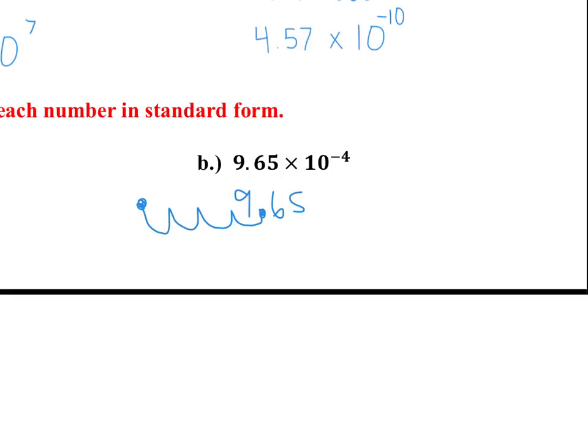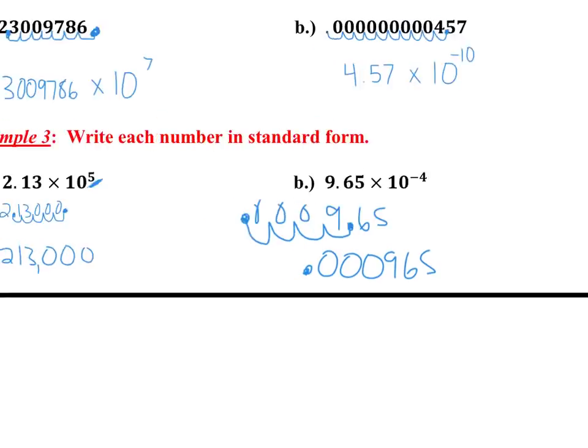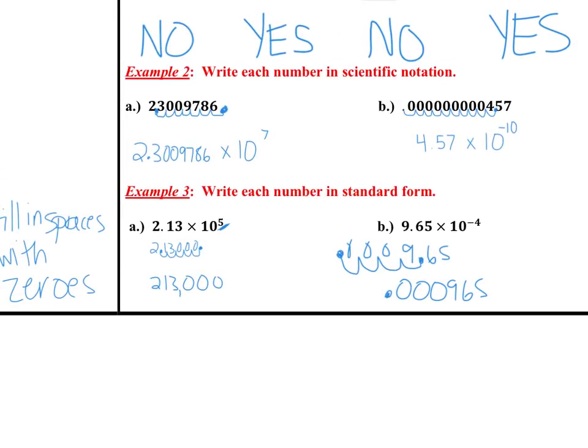Again, one of the swoops is filled in with a 9, but the other ones need zeros, so my answer is going to look like 0.00965 with the decimal in front. And that is how I'm converting scientific notation to and from.